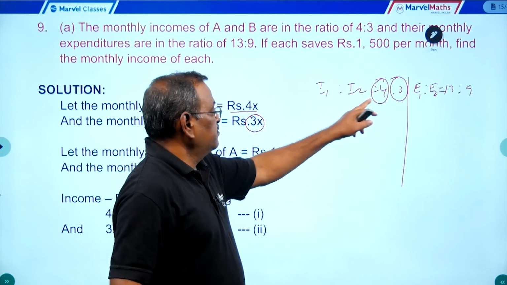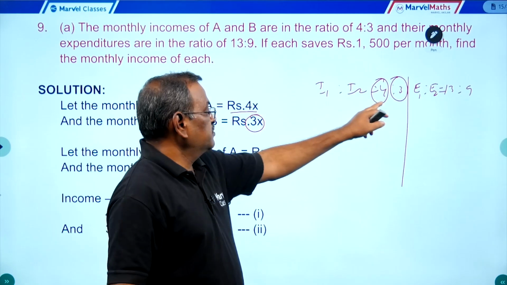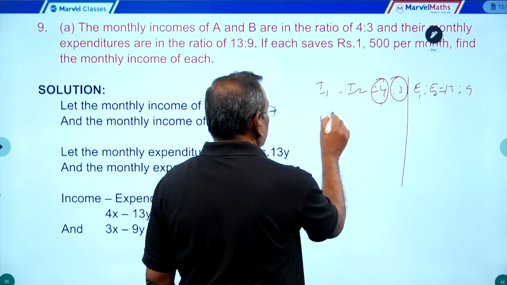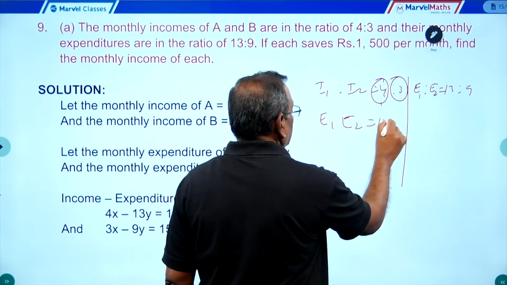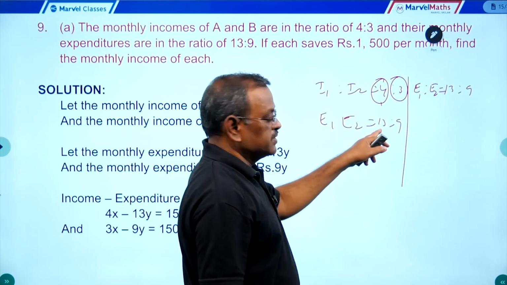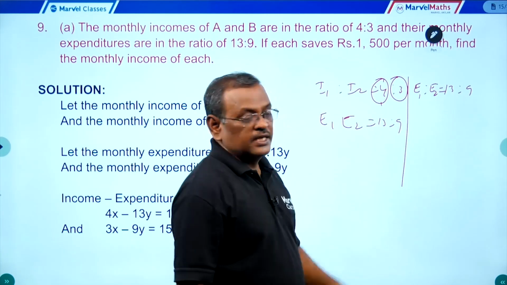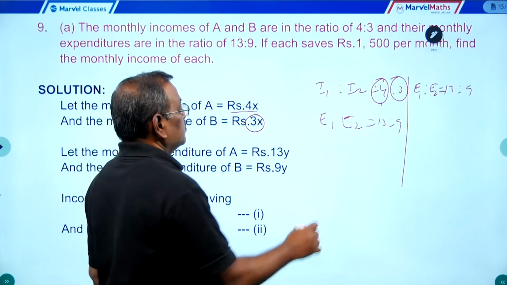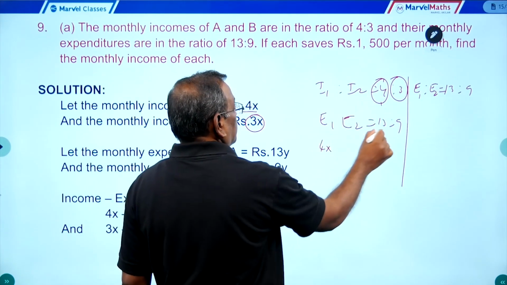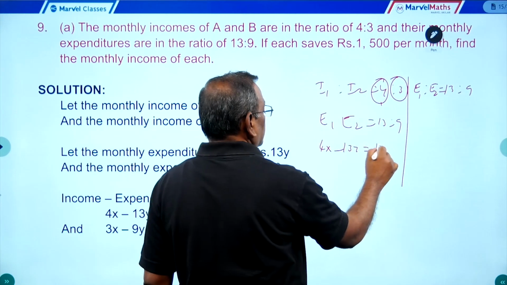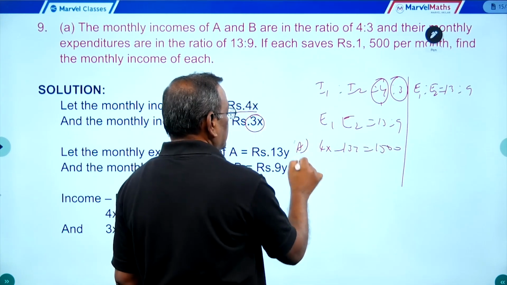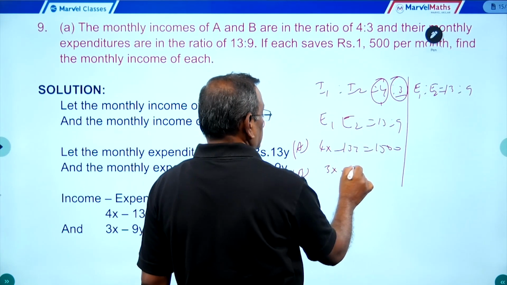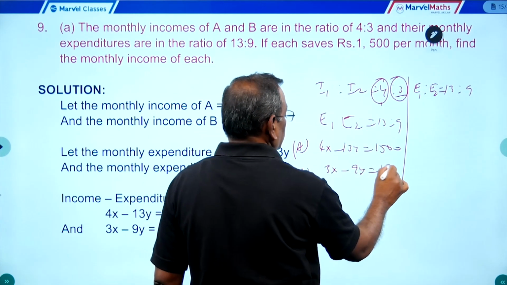The expenditure of the first person is 13y and of the second person 9y. So what is the savings? Income minus expenditure. For person A, 4x minus 13y equal to 1500. For person B, 3x minus 9y equal to 1500.